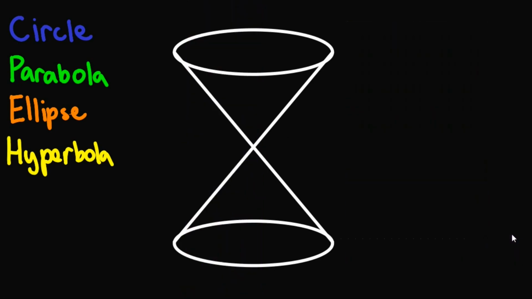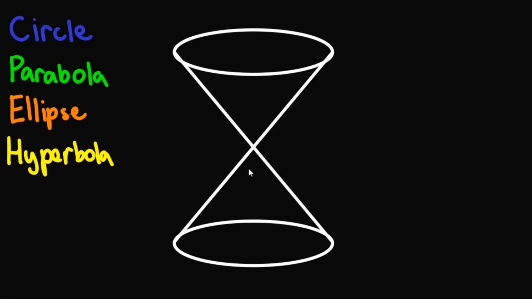Just to take note, the reason that for a parabola, if you recall, when we cut the plane, it must be parallel to the generator.